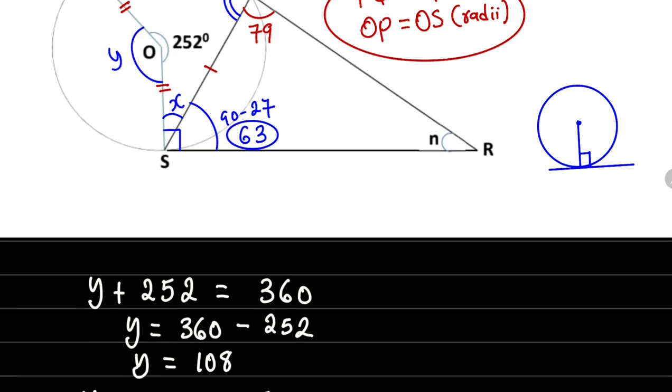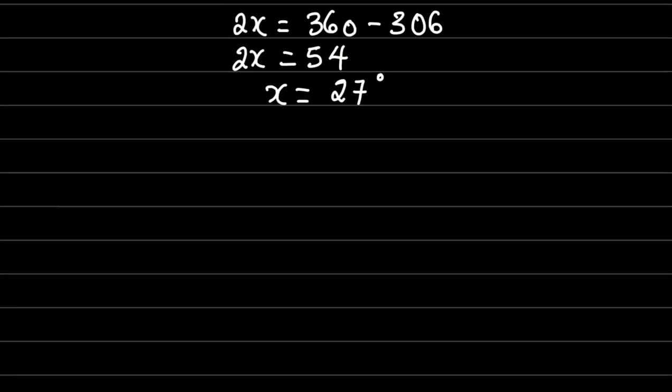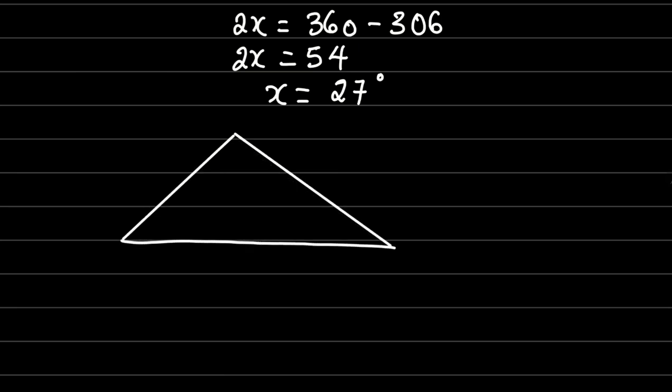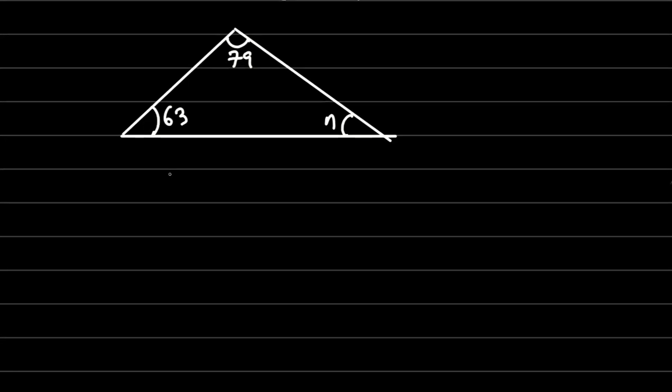So therefore, I already have a triangle, where here is 79, here is 63, and here is n. And that is how to get n. The sum of angles in a triangle is 180.